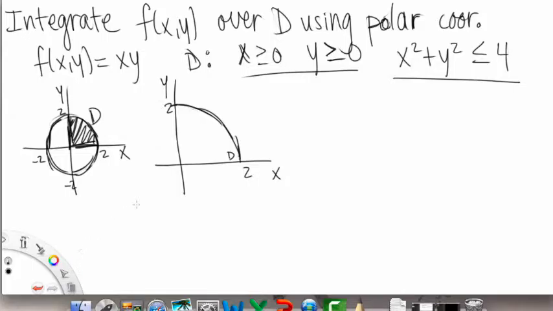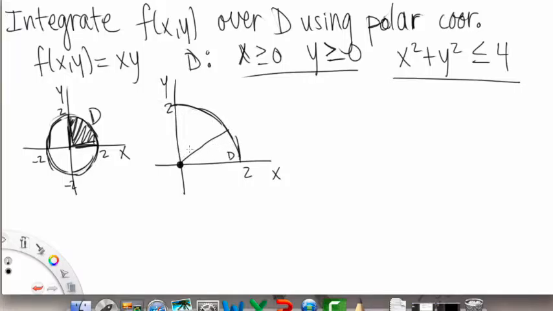Looking at it, we can determine that polar is a good option because our radius ranges from 0, which would just be the point here, all the way up to 2. The upper bound for r is going to be a constant 2 because we're dealing with a circle here.